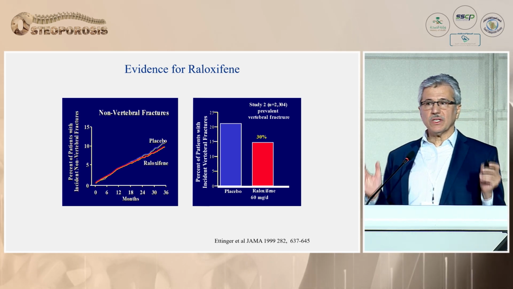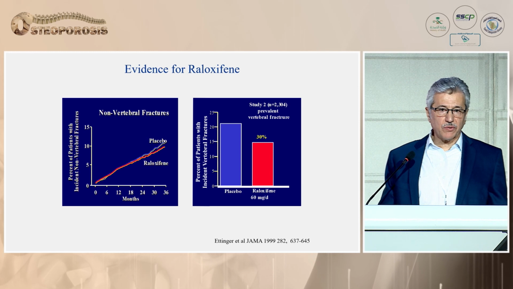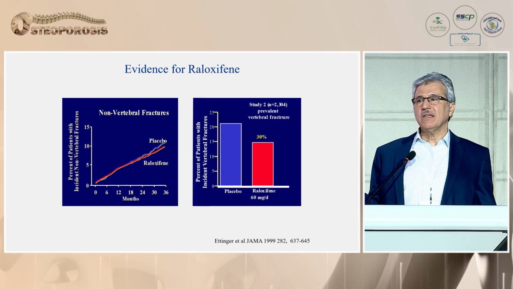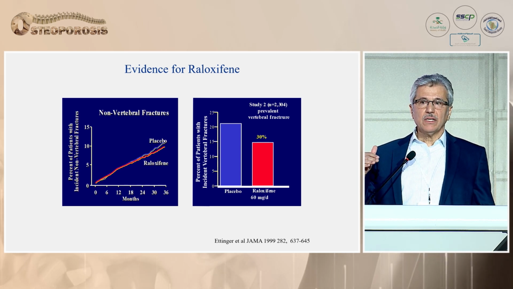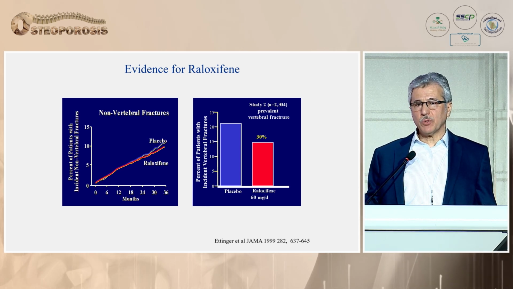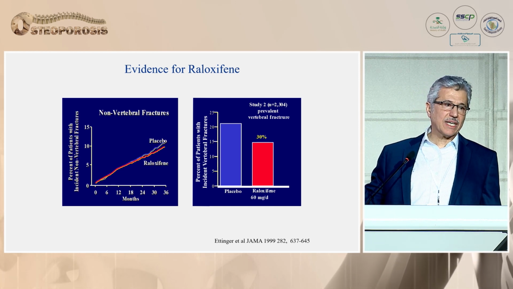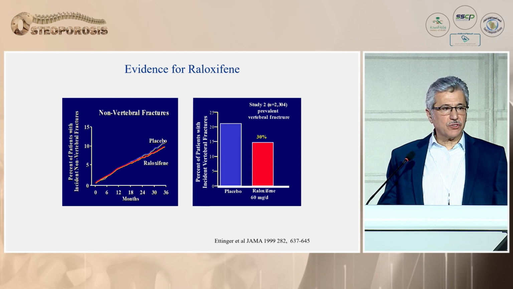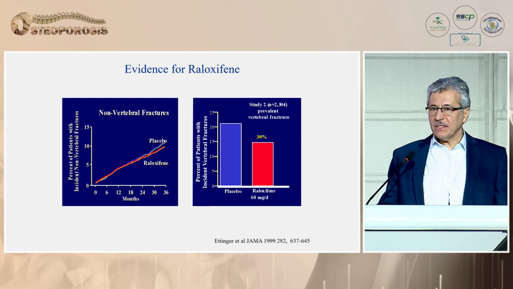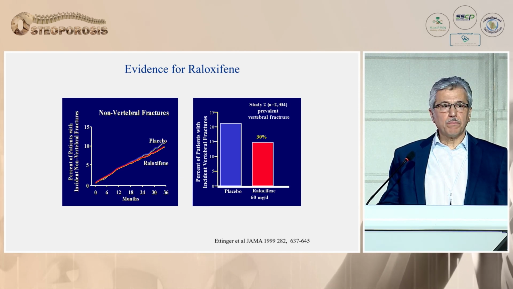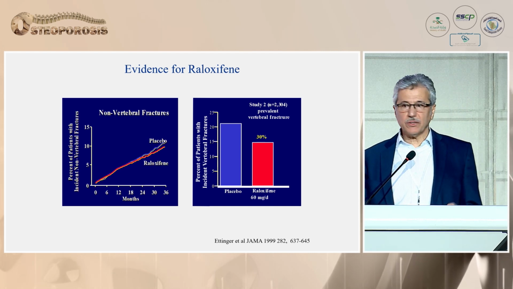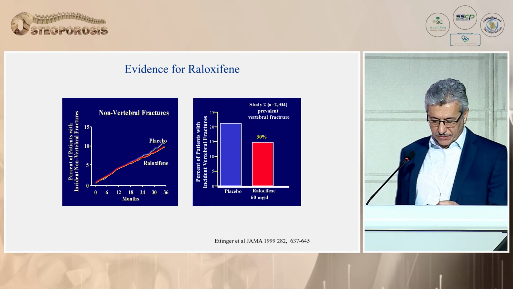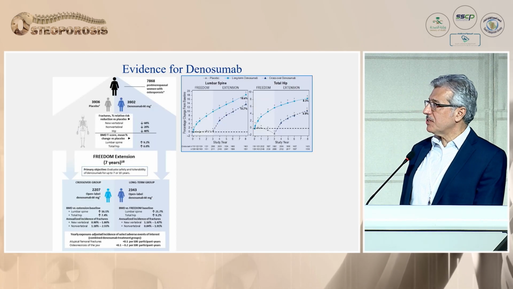So its use is limited to decreasing vertebral fracture, and actually it's limited to postmenopausal women in the age of 50 to 60 who do not have severe postmenopausal symptoms, because this agent can increase hot flashes, and who don't have a history of cardiovascular disease. But it's really useful in those who have a history of breast cancer or strong family history of breast cancer. So it's an alternative therapy.